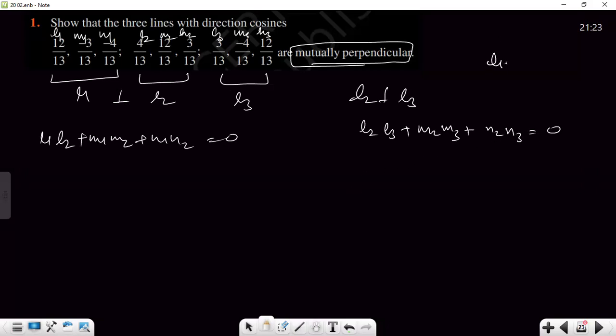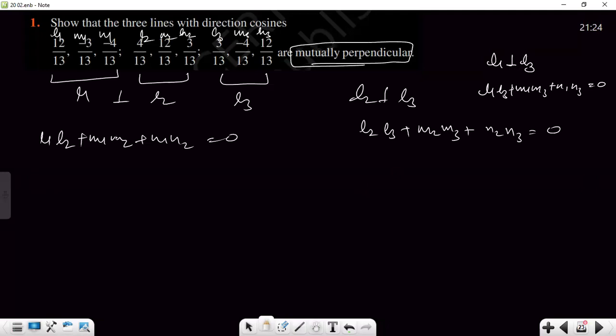And for line 1 to be perpendicular to line 3, L1 L3 plus M1 M3 plus N1 N3 will give us 0. Understood? Yes, sir.